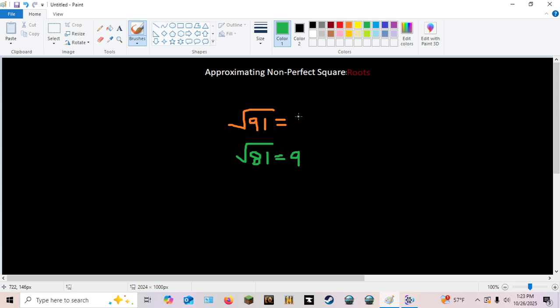Now, the difference between 91 and 81 is 10. So it's 9 and 10 over something.